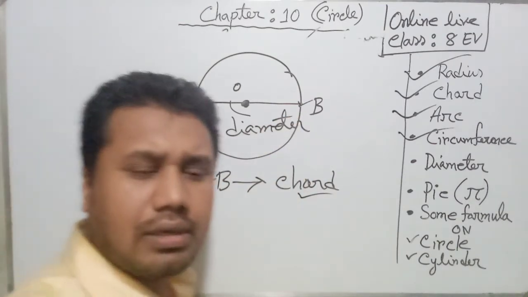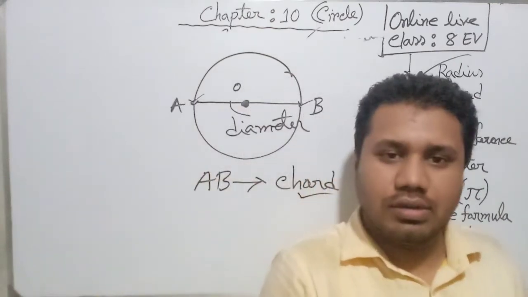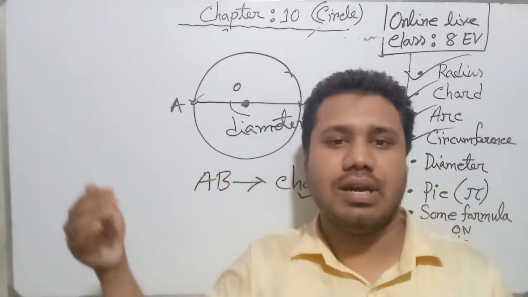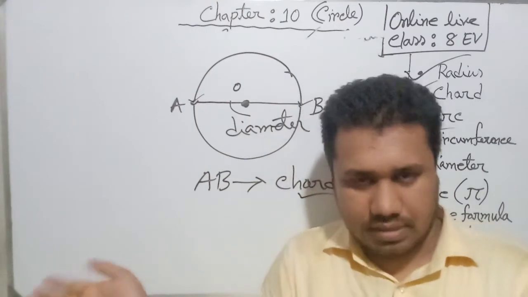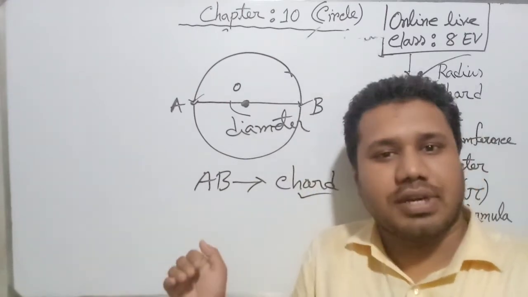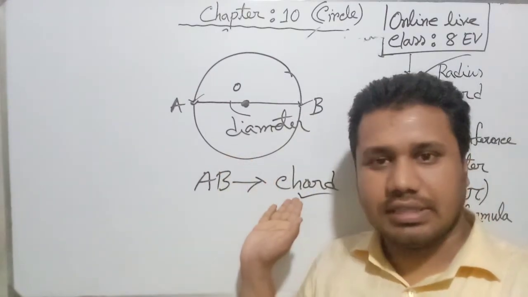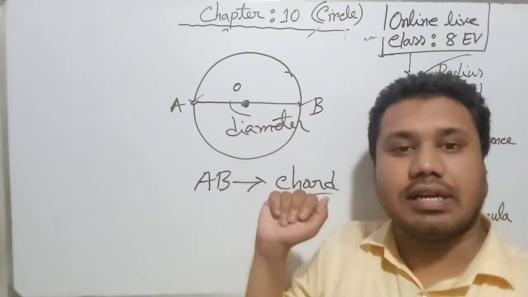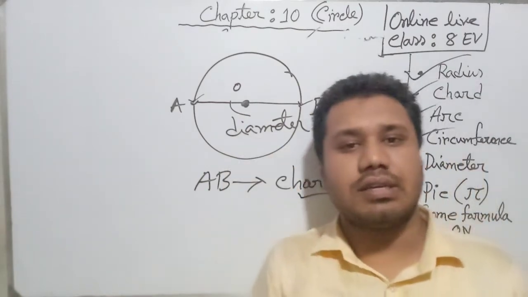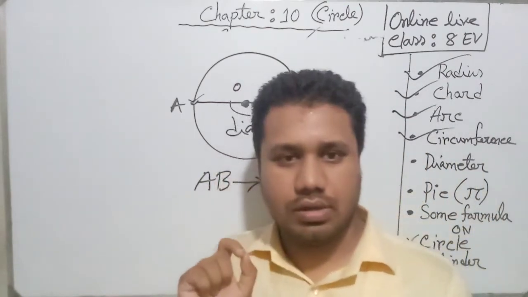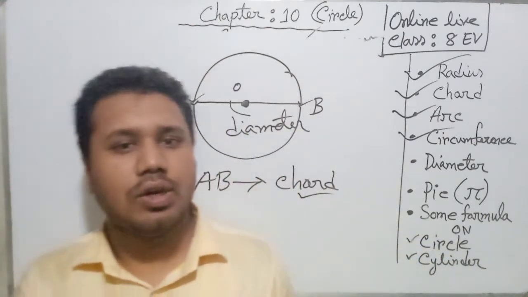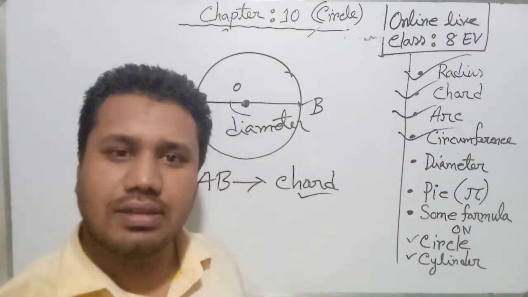So what is a diameter? A diameter is a chord which passes through the center. Any chord which passes through the center, we can say is a diameter.